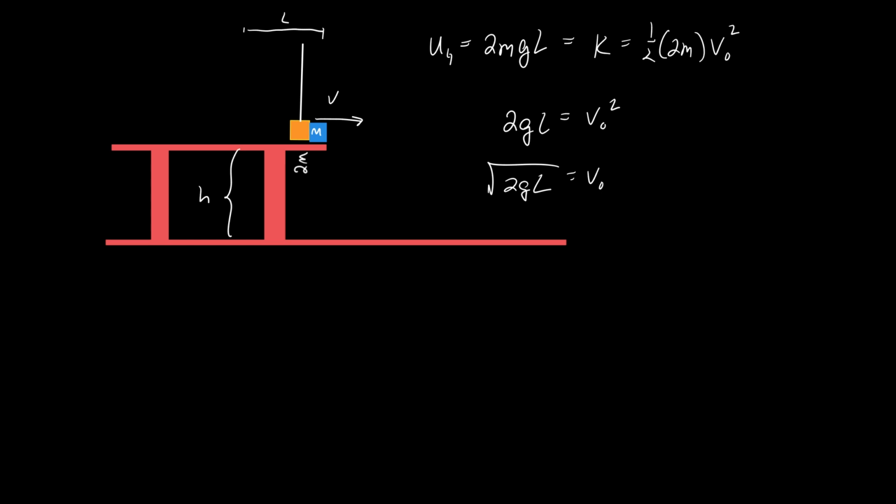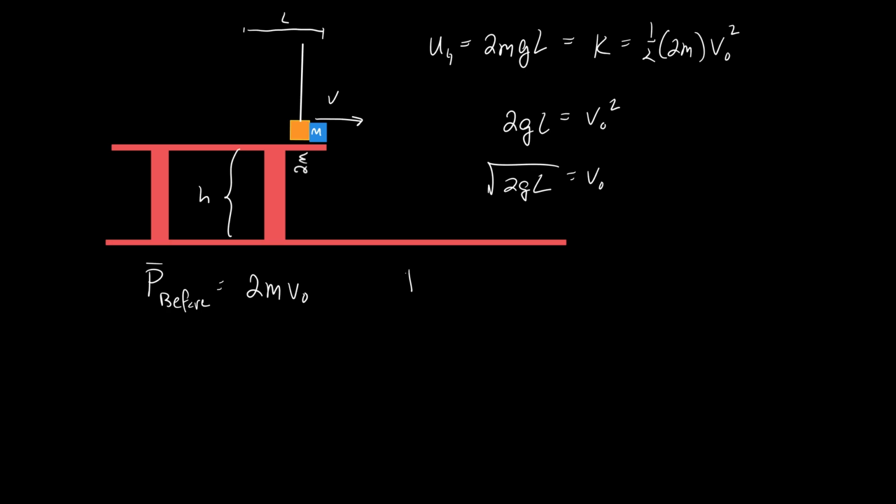Now, unfortunately for us, after the collision, because I know it's happening before the collision, the momentum before the collision is just going to be 2m v naught. Right, that's the momentum before the collision because the other block has no momentum.